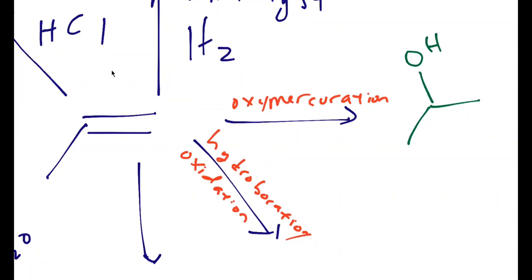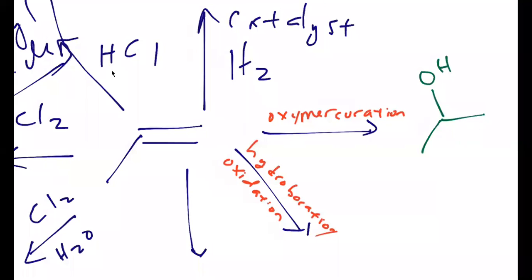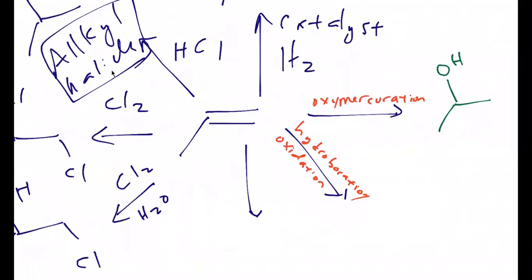If you notice, in oxymercuration, the OH ends up on this carbon. But if you do hydroboration, the OH is going to end up on the other carbon.